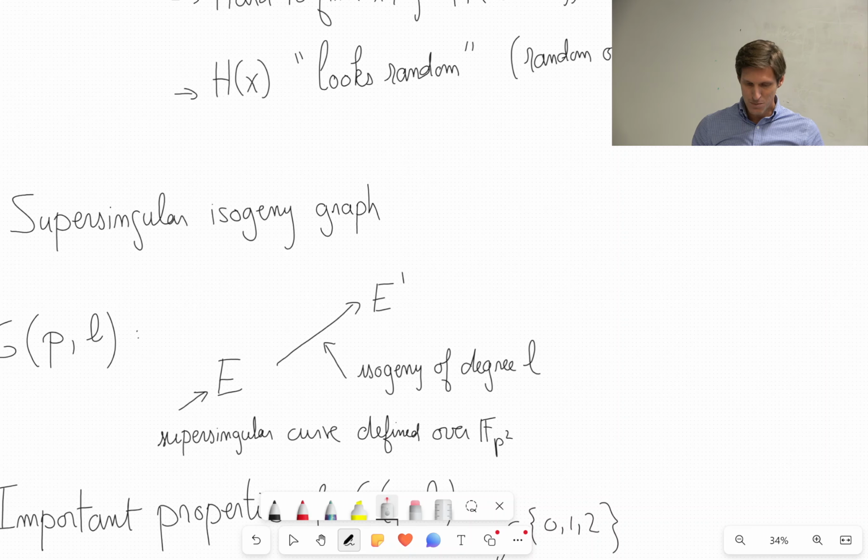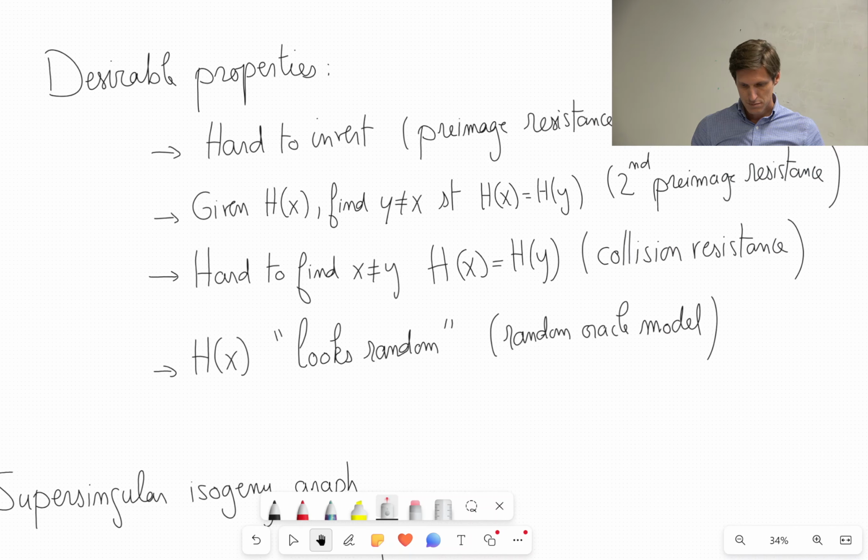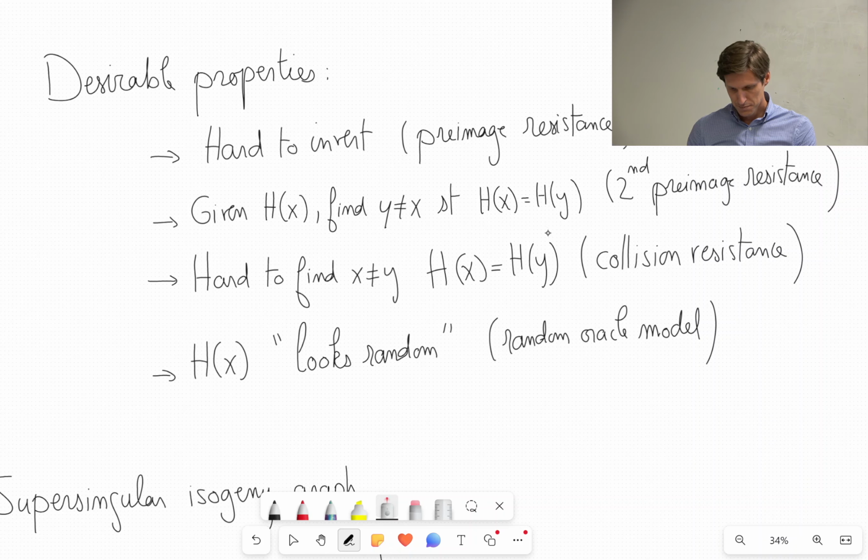I want to make sure I understand the collision thing. The domain of that H is really much bigger, right? The x's are much longer than the H of x's in bits. But then how is finding a collision hard?